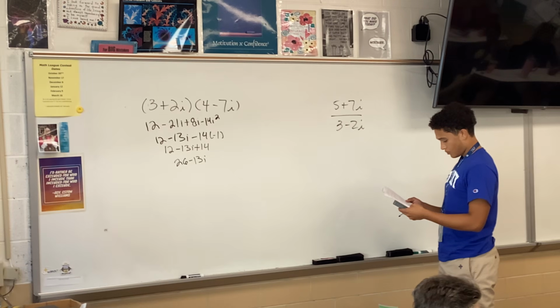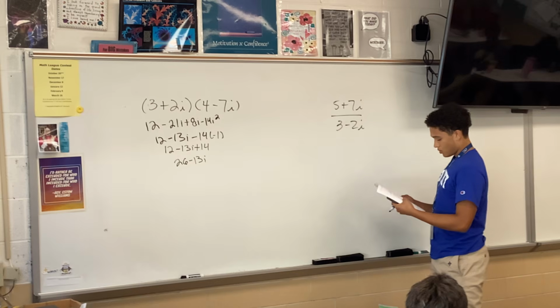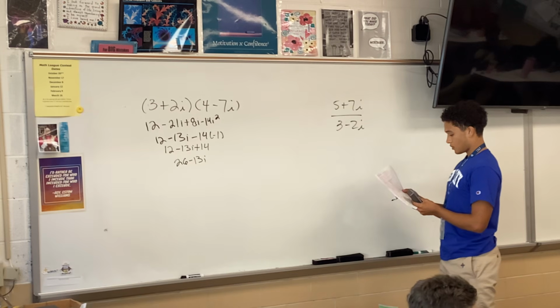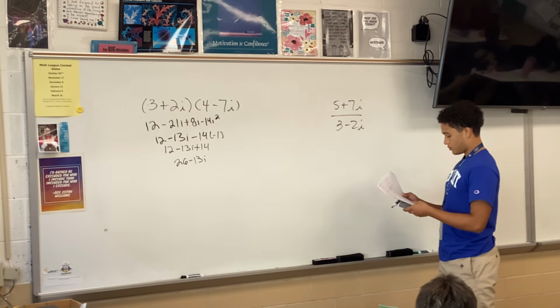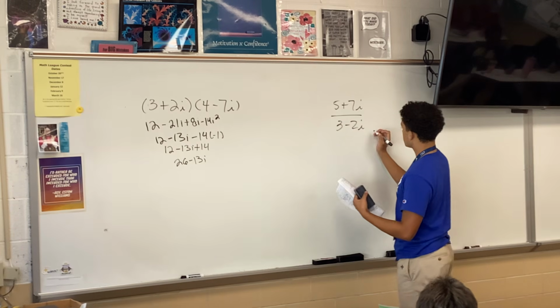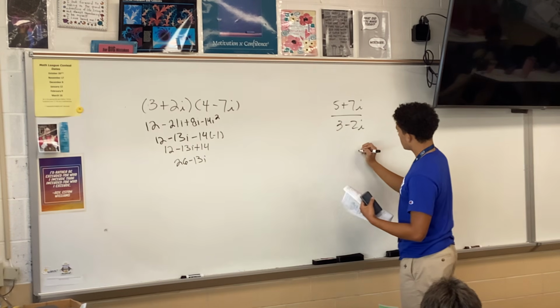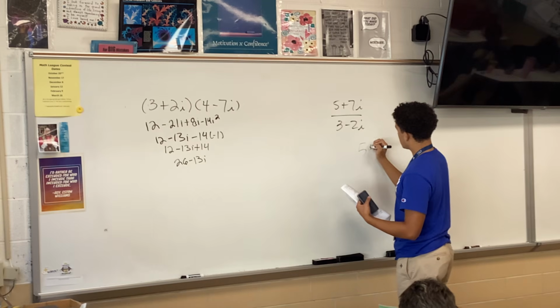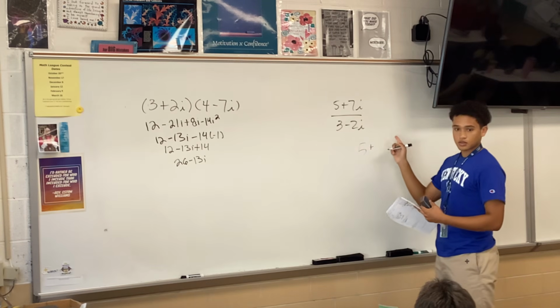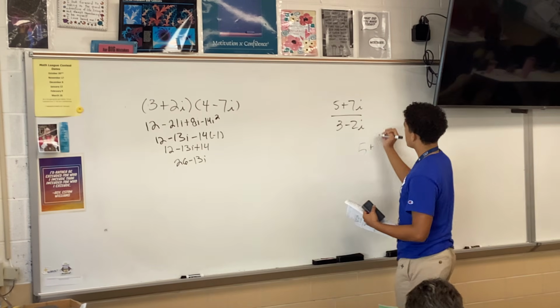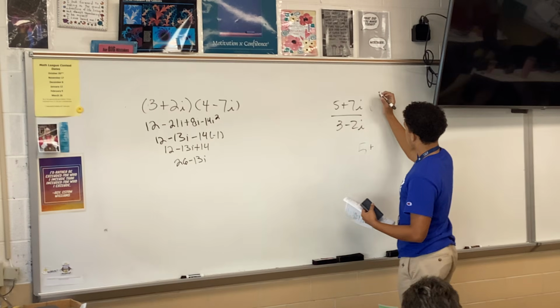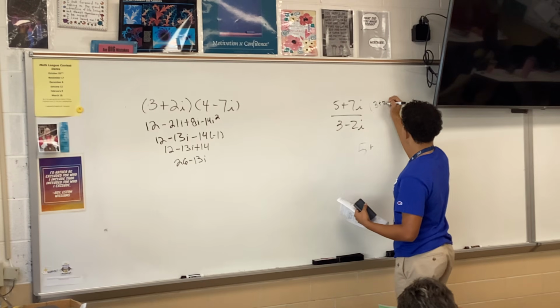We always have to do the top and bottom by the same thing. And the same thing is going to be 3 plus 2i. So you're gonna put 3 plus 2i, top and bottom, both of them are gonna get 3 plus 2i.